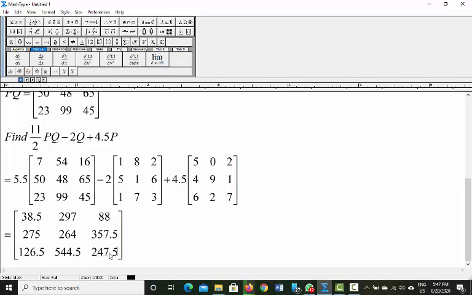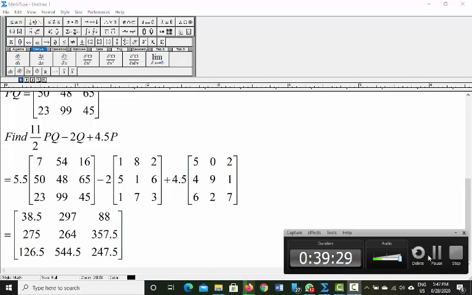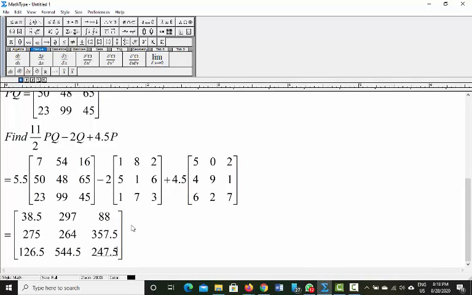So this way we multiply. As you can see, we have multiplied 5.5 by all the elements inside the matrix.